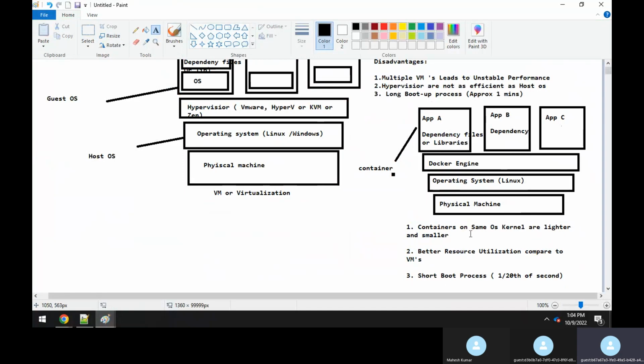That's why nowadays most industries are getting into containerization rather than virtualization. They are more interested in containerization, because your application behaves very fast when you deploy it in the container world.